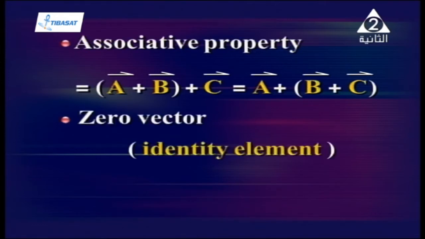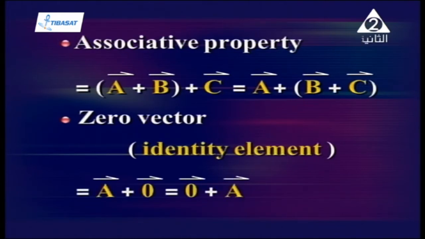Zero vector, identity element: the zero vector (0x, 0y, 0z). Vector A plus 0 equals 0 plus vector A equals vector A. When we add any vector to the zero vector, the result is the same vector.